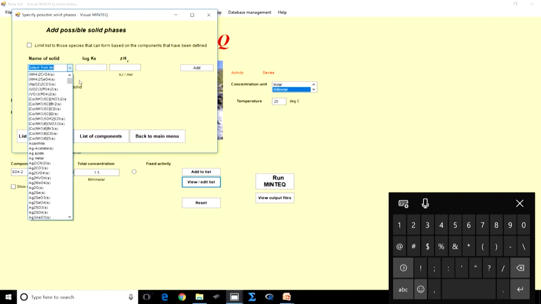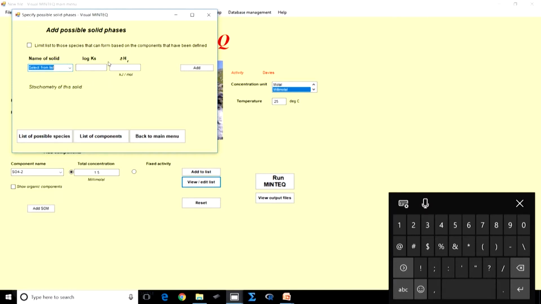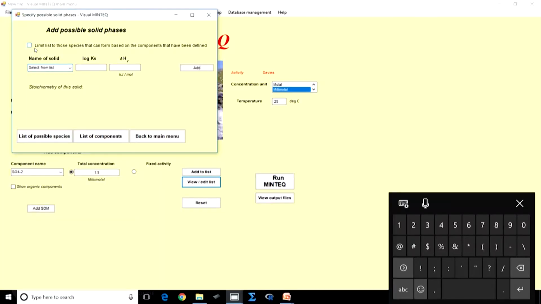But obviously it is going to be time consuming, and at this stage I do not know what Fe2 plus can precipitate out as, or in what forms it will precipitate out. Visual MINTEQ can help by limiting the options to those species that can be formed based on the components that have been defined.